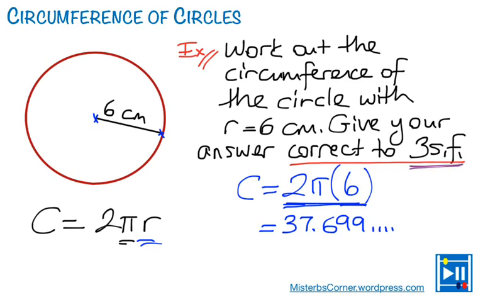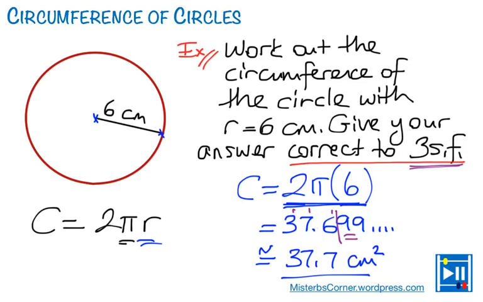So it's going to be 1, 2, 3 significant figures, so I cut it from here. This number is 9, bigger than 5, so my approximate answer will be 37.7 centimeters, right? So this is my answer to 3 significant figures.